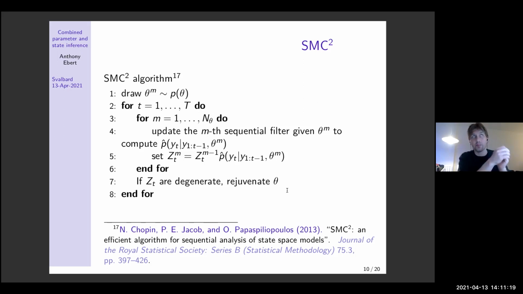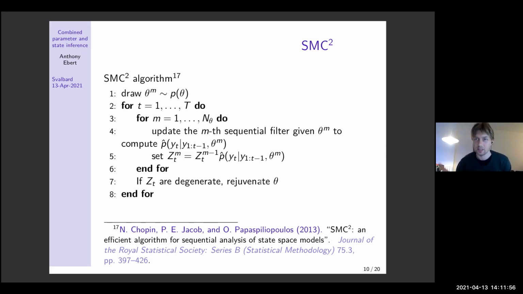Well, they have their own particle filters, but then the issue that arises is that we run into particle degeneracy, because one of the parameters will have a much higher posterior density than the others, and so at some point you need to rejuvenate the theta, but then you have to run the whole thing again.